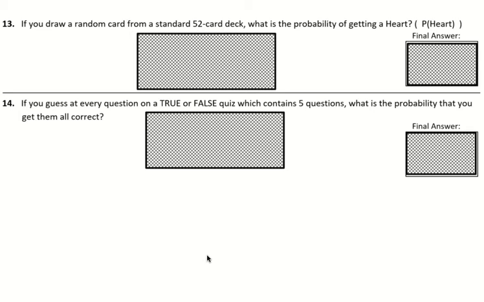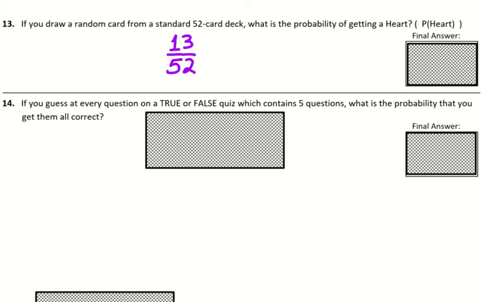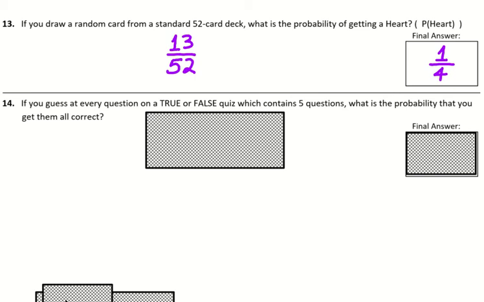But there are 13 hearts total, so you have a 13 out of 52 chance. There's 13 favorable outcomes out of 52 total, which reduces to 1/4. If you have your answer as 0.25, I suppose that's fine. If you have it as a 25%, like a percent answer, I guess that's fine.